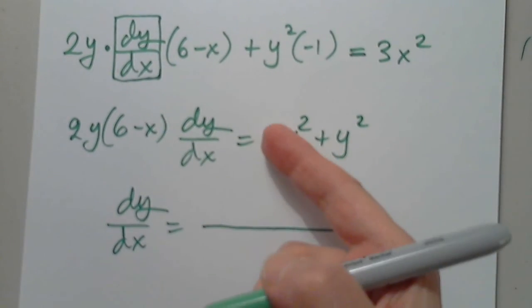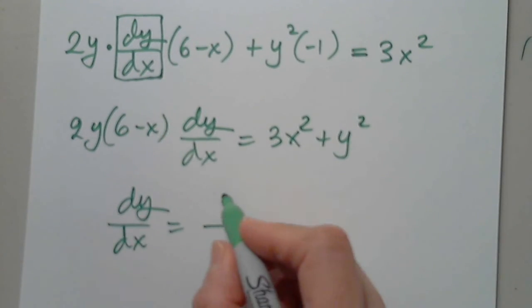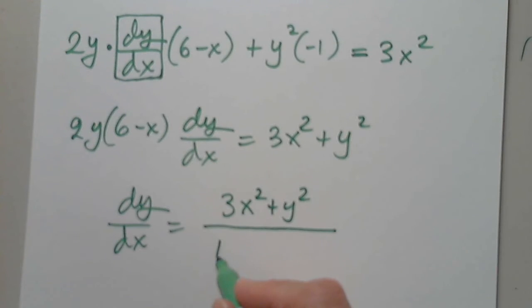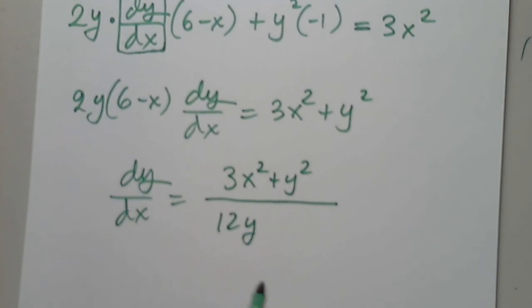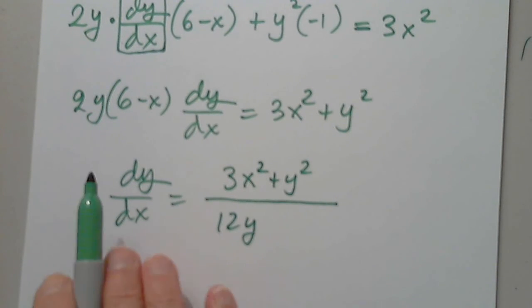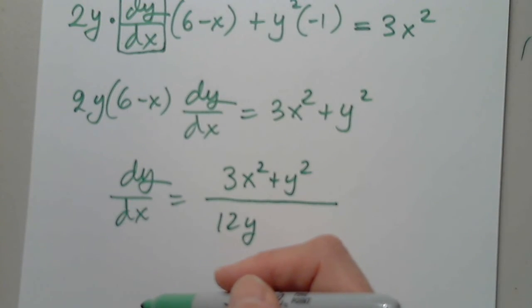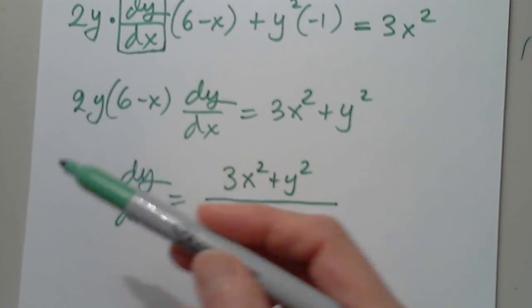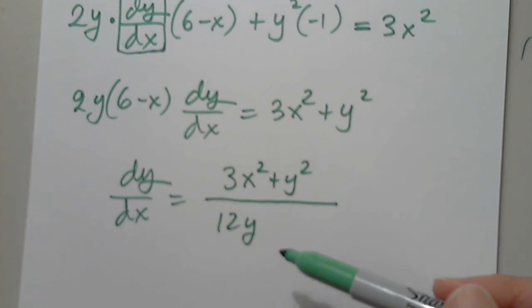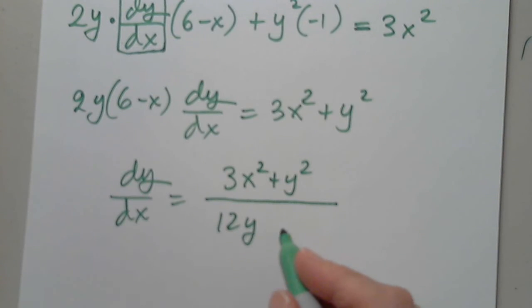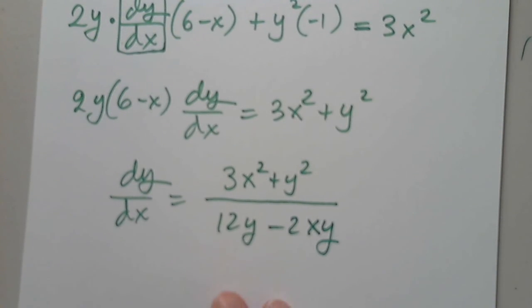And yes, you already told me it's this over this. So 3x squared plus y squared. I will distribute now 12y. You can say, you just told us not to distribute the factors in the denominator. True, but I'm going to plug in something, so I will distribute only because it's easier to plug it in, but otherwise I will not. So 12y and then minus 2xy.